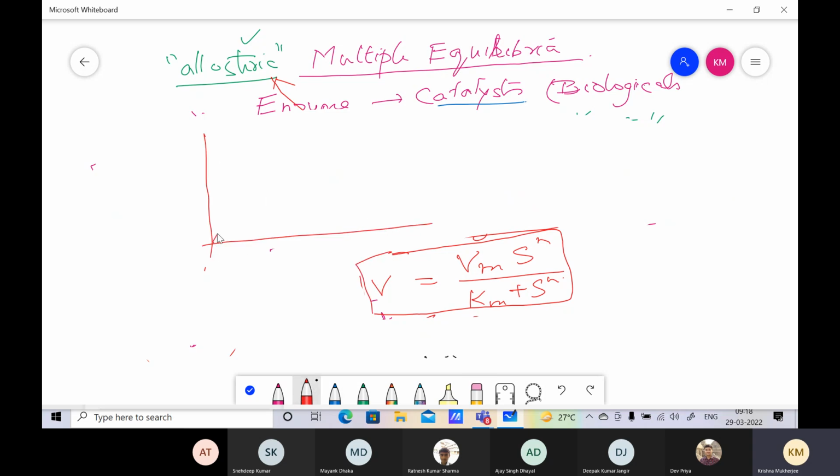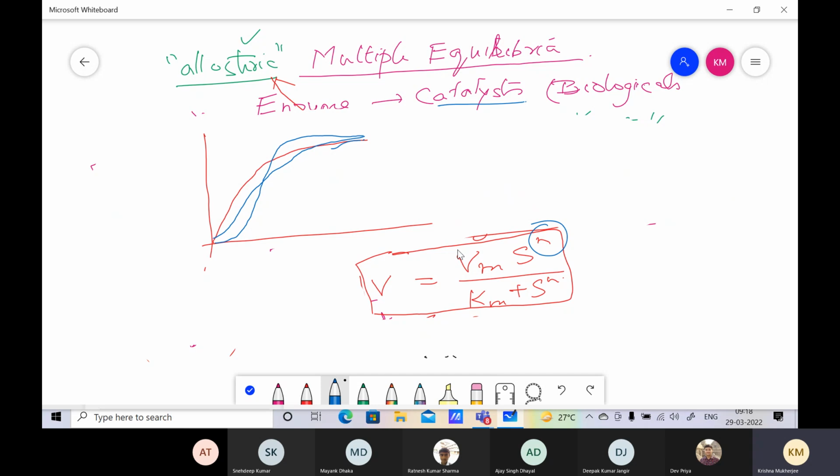So normal enzyme kinetics is like this, but this enzyme kinetics is like this. And the degree of sigmoidity, whether it is highly sigmoid or less sigmoid, will be dependent on the value of n.